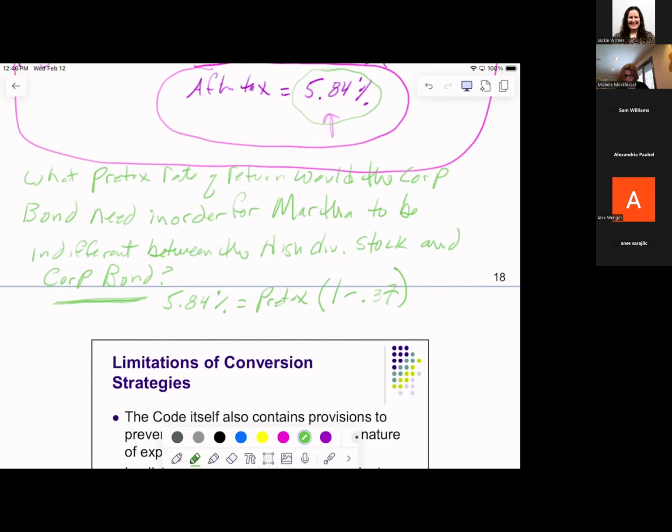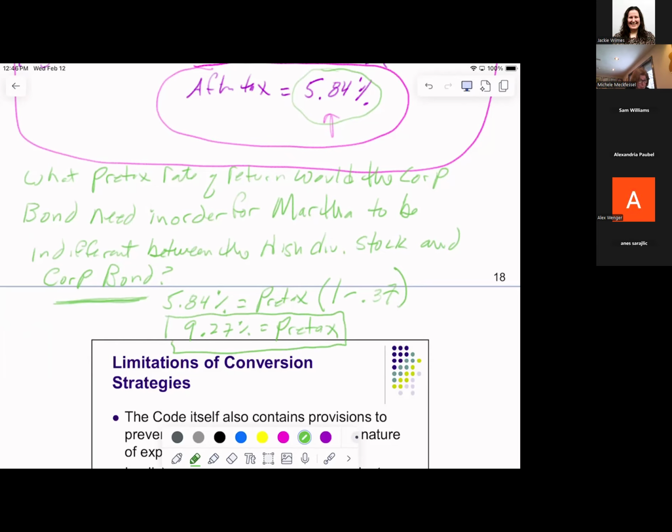And so we get 9.27 would then be our pre-tax rate of return.